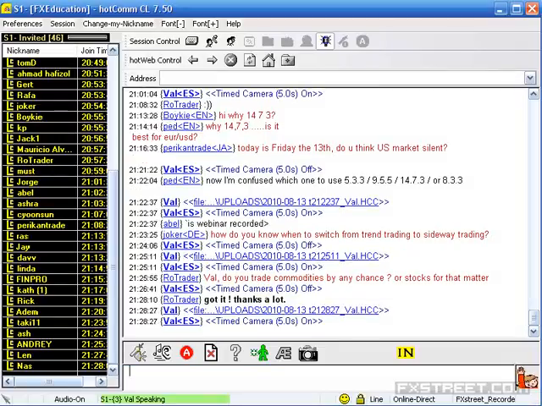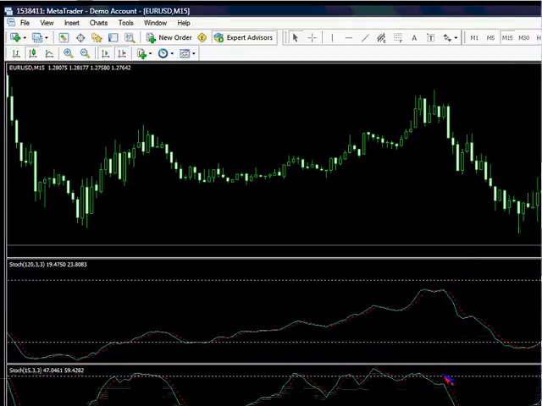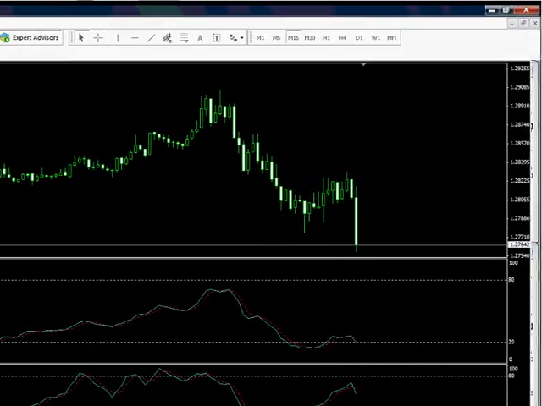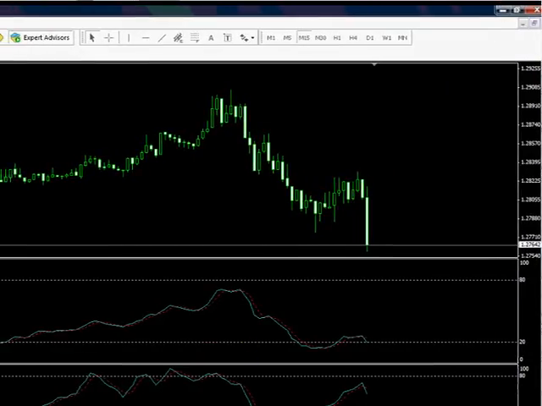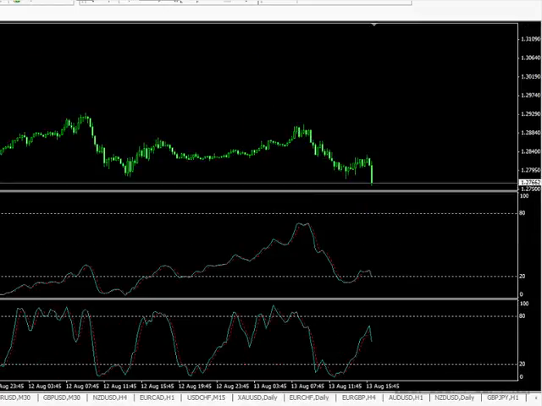Anyway, here is another stochastic combination that I find pretty accurate. I will enlarge the stochastic a bit so you can see what we are talking about. I know it's a bit complicated, but I will set the chart so you can see what I'm talking about. It's another strategy combining indicators.